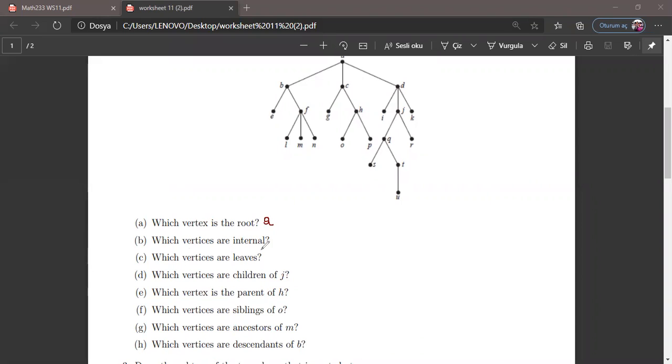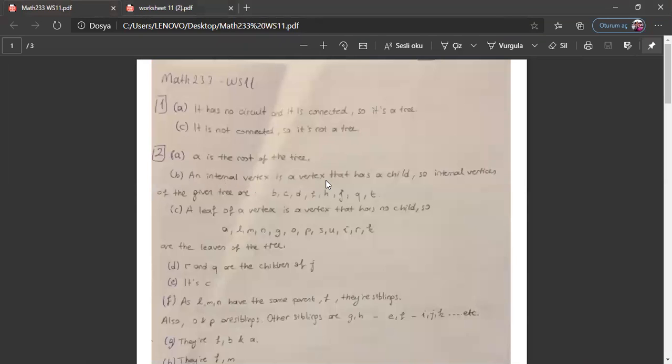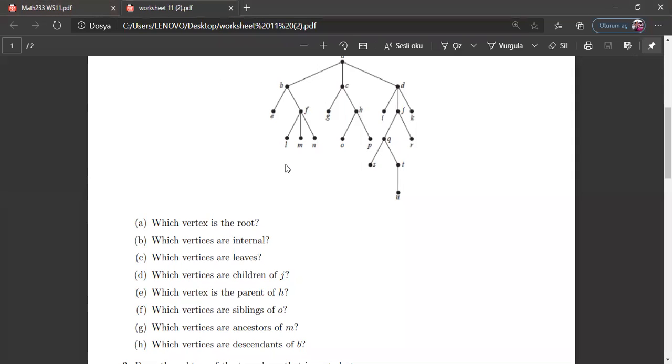Now, what are the internals? So here we have an explanation here for B. It's a vertex that has a child, right? So what's a child then? The vertex which is found below of some vertex.